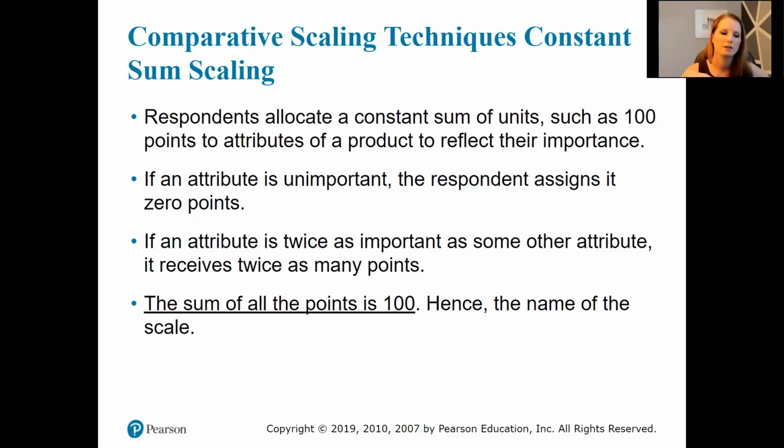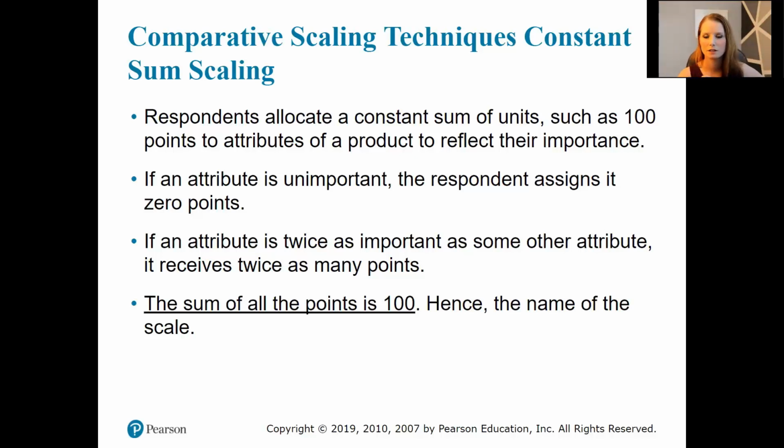So maybe they say 50 points for price, 10 points for brand, 10 points for the retailer they can buy it at, and 30 points for the new feature that you brought out. It is possible that a consumer could give one of those categories 0 if they find it completely unimportant.